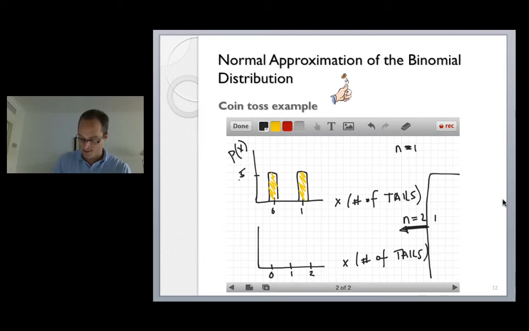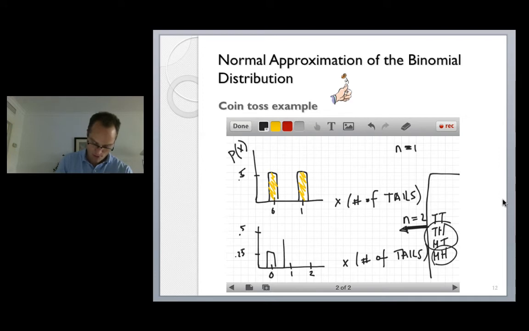With 2 tosses, it's possible I get both tails, the first tails and the next heads, the first heads and the next tails, or zero tails. And so for the 0 case, there's 1 out of 4, and so that's 0.25. For the 1 case, it's 2 out of 4. And then of course it's symmetric.